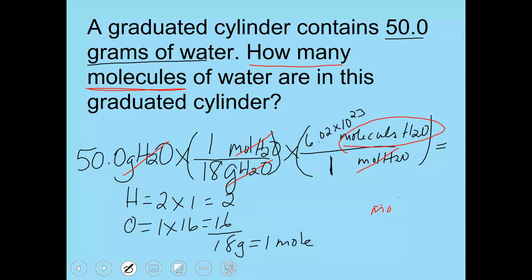So molecules of water is our label. And to get our answer, we have to take the 50, divide by 18, and multiply by Avogadro's number. We have 1.67 times 10 to the 24th.